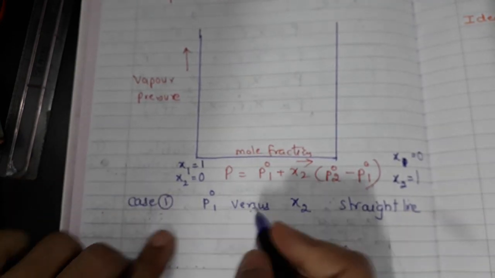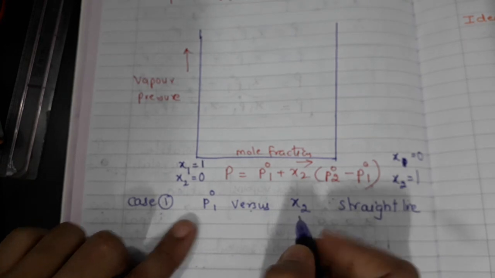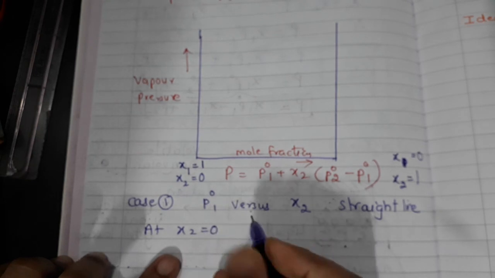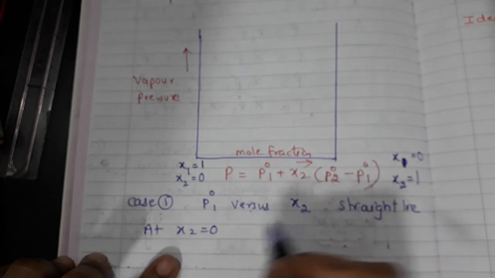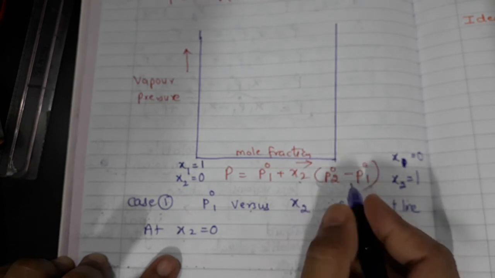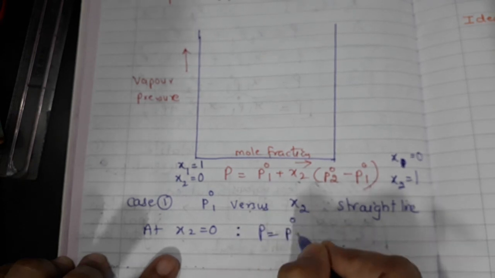Case 1, P versus x2. Now at x2 is equal to 0, in this entire expression, if you put x2 is equal to 0, what are we going to get? 0 multiplied by the entire term will be 0, and we will be getting P is equal to P01.